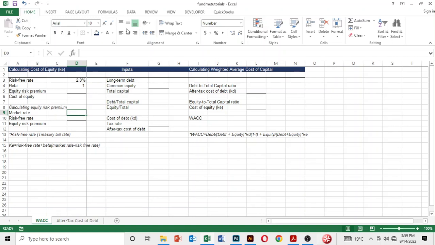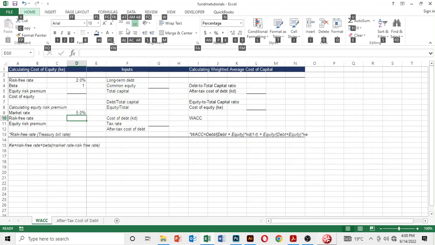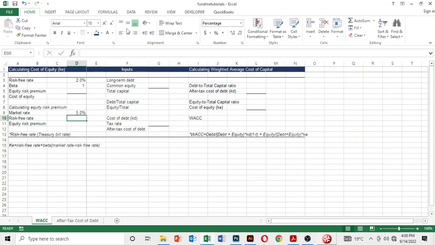Let's change that cell again into percentage, Alt HP, Alt H0 to add a decimal place, and then put just 5%. The market rate has to be higher than the risk-free rate. We have got 2% there, so let's change this cell, Alt HP, Alt H0, just like that. And then we can link the risk-free rate there, which is perfect.